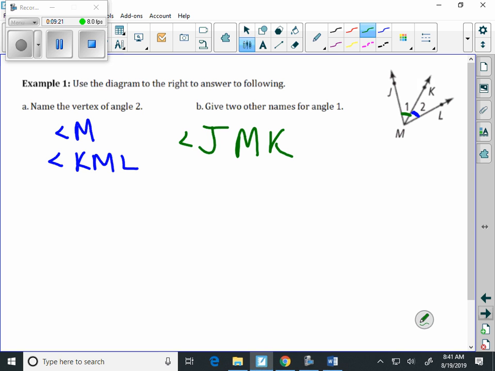Again, JMK, the M, the vertex, needs to be in the middle. Or we could say angle KMJ. The big thing is, we need to have our vertex in the middle of those 3 values right there.